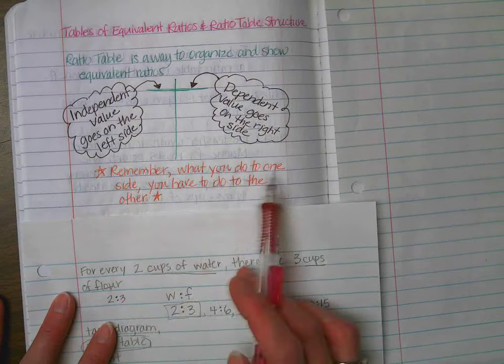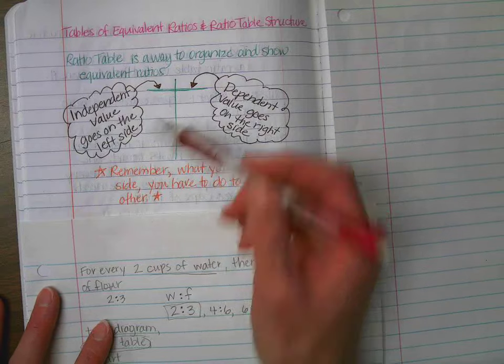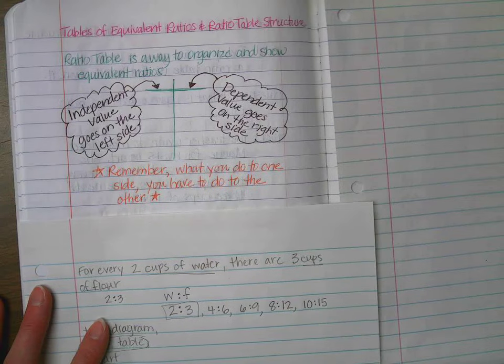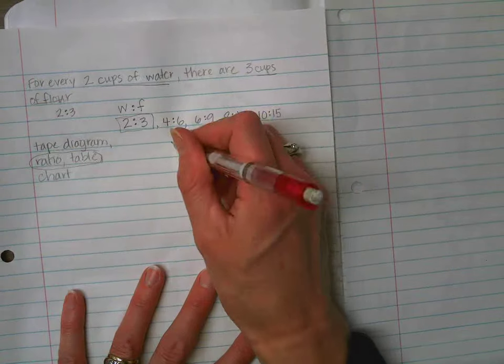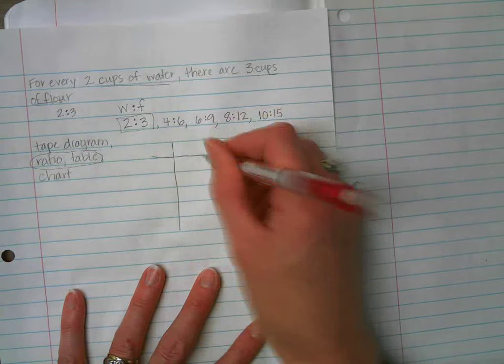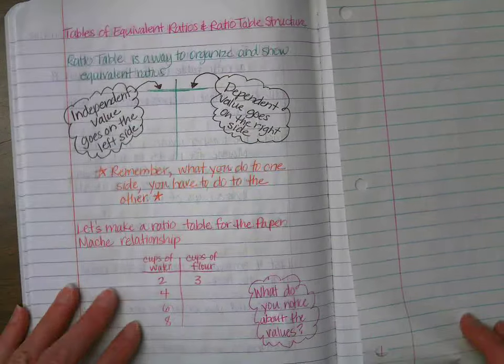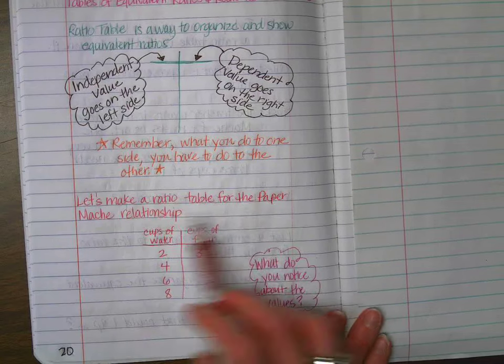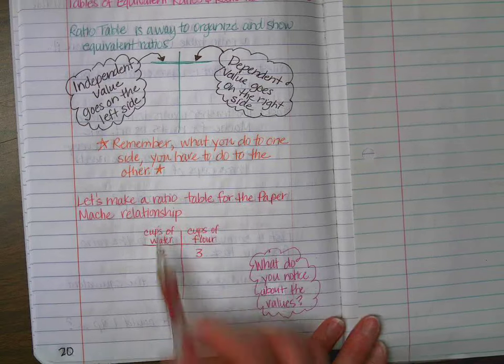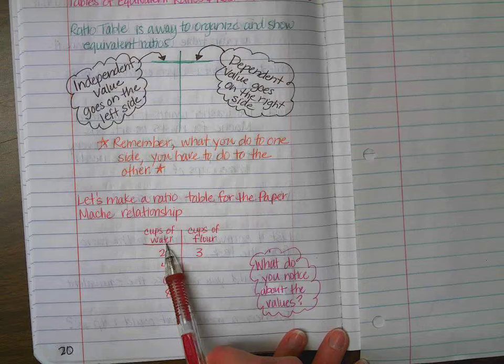And so what you're going to do is, remember, what you do to one side, you have to do to the other. That comes in with making the equivalent ratios. So we're going to draw a table right here, and we're going to see what happens. Okay, let me make sure that I did do it down here. Okay, so we're going to make a table. Actually, it's already made for me. Sorry. So it says, let's make a table for the paper-mache relationship.